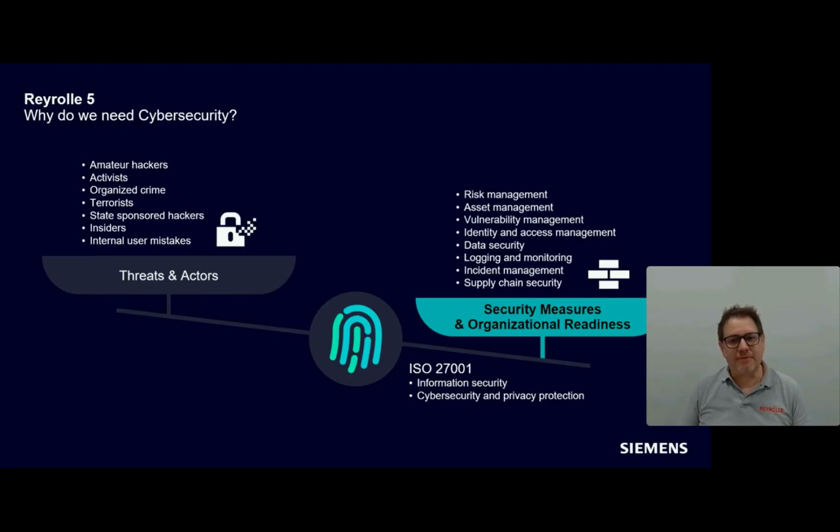So what tools do we have in our cybersecurity toolkit to tip the balance in our favor? What security measures can we use to ensure our organizational readiness? Everyday life involves taking risks, and we all subconsciously perform risk management: crossing a road, driving a car, deciding what to eat in the canteen.